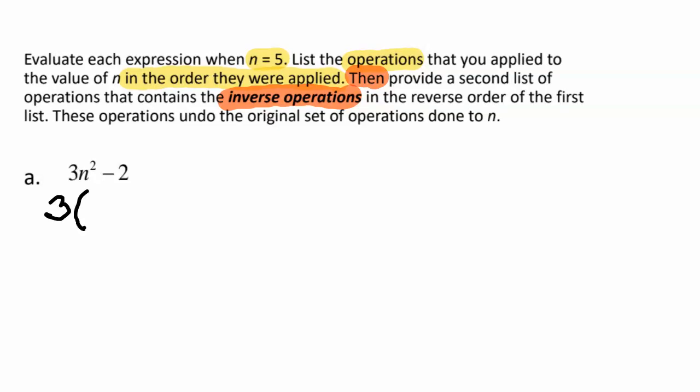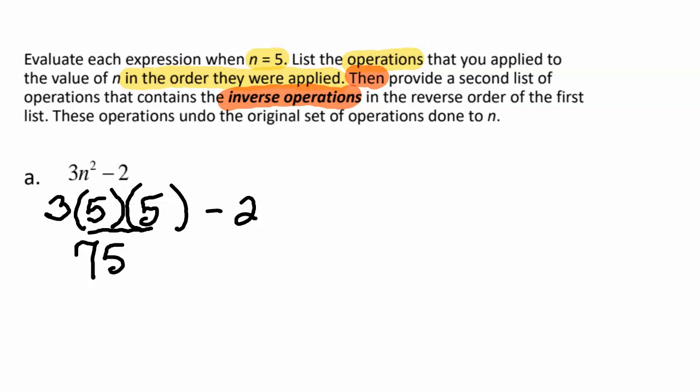This is 3. Now, I like to put 5 here, minus 2. This is 25 times 3 is 75 minus 2 to get 73. This is sentence number 1.